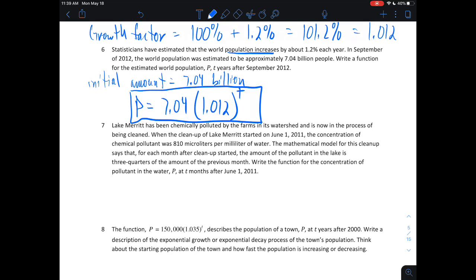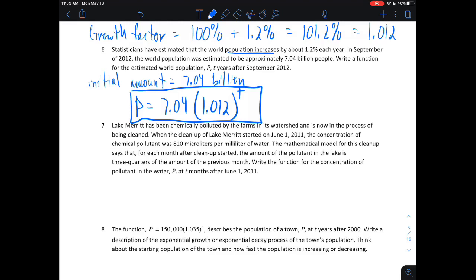The mathematical model for this cleanup says that for each month after cleanup started, the amount of the pollutant in the lake is 3/4 of the amount of the previous month. Write the function for the concentration of the pollutant in the water, P, at t months after June 1st, 2011. Now this one's a little bit more difficult than the previous examples.